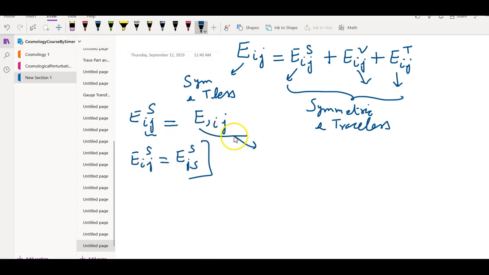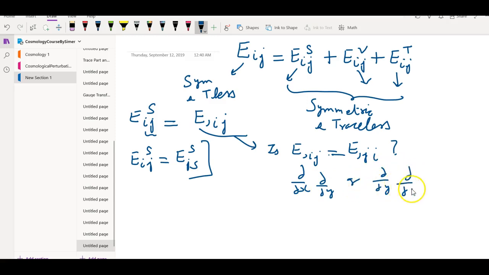Now, is this symmetric? That means is Eij equal to Eji? Yes, because the order of derivatives does not matter. Whether you are writing like this or this, it is the same. So yes, this is symmetric also.